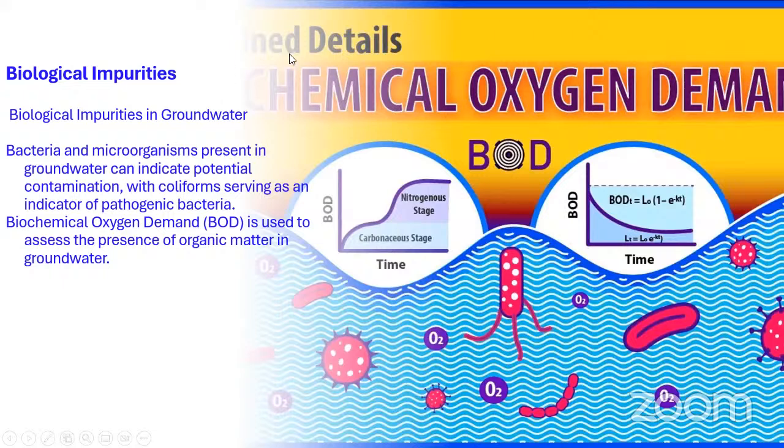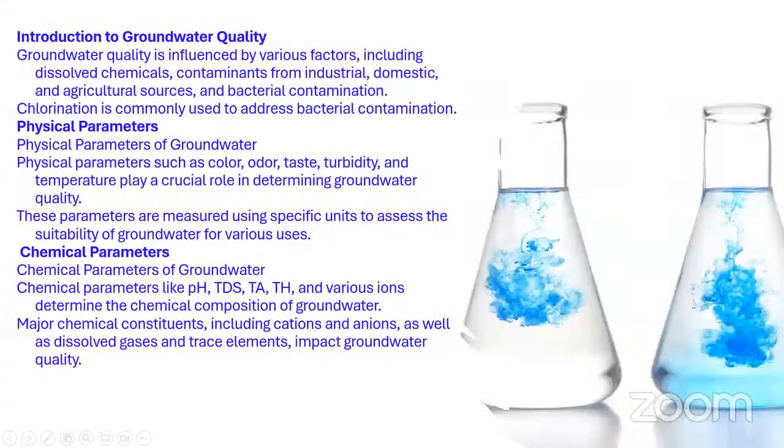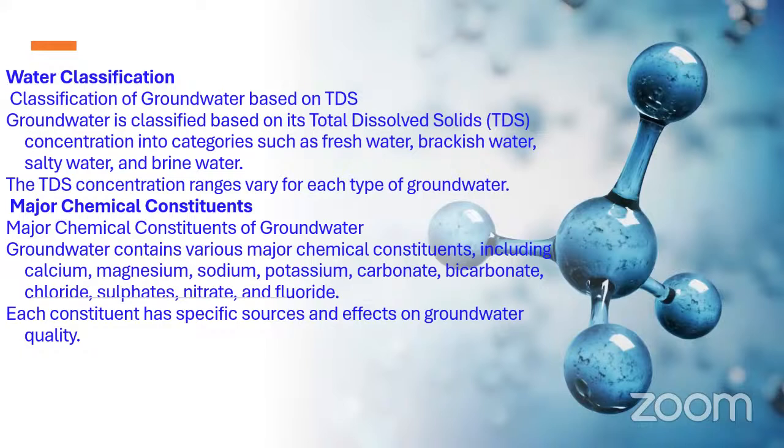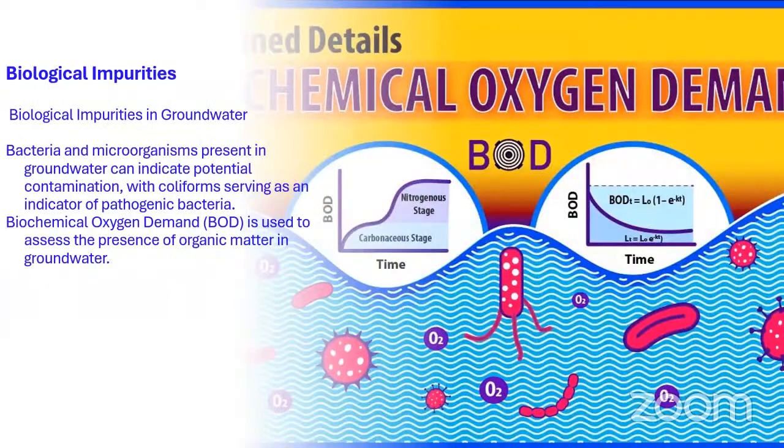When we talk about the biological impurities, these are chemical and physical parameters. We have discussed chemical parameters, water classification, and the chemical constituents, the major ions which are present in the groundwater. Now we are discussing the biological impurities or pollutants.